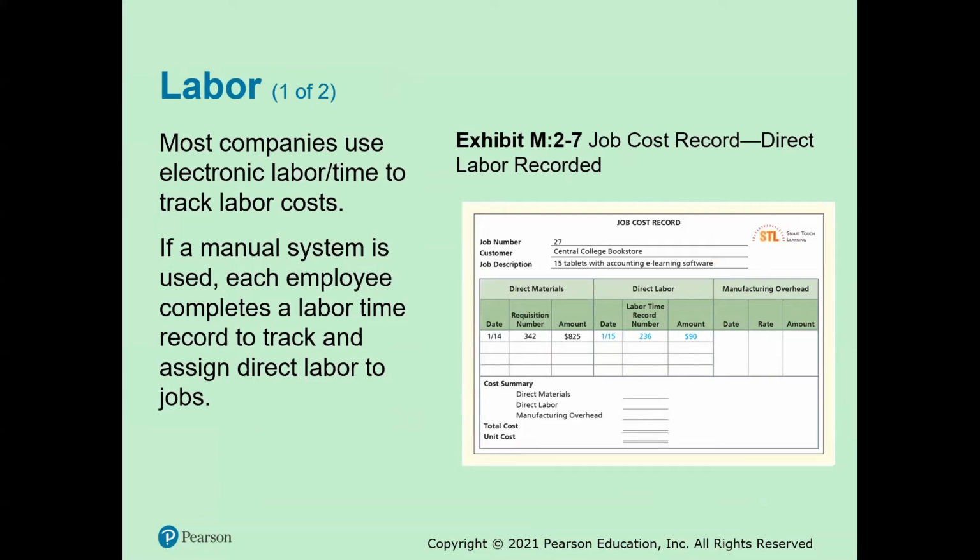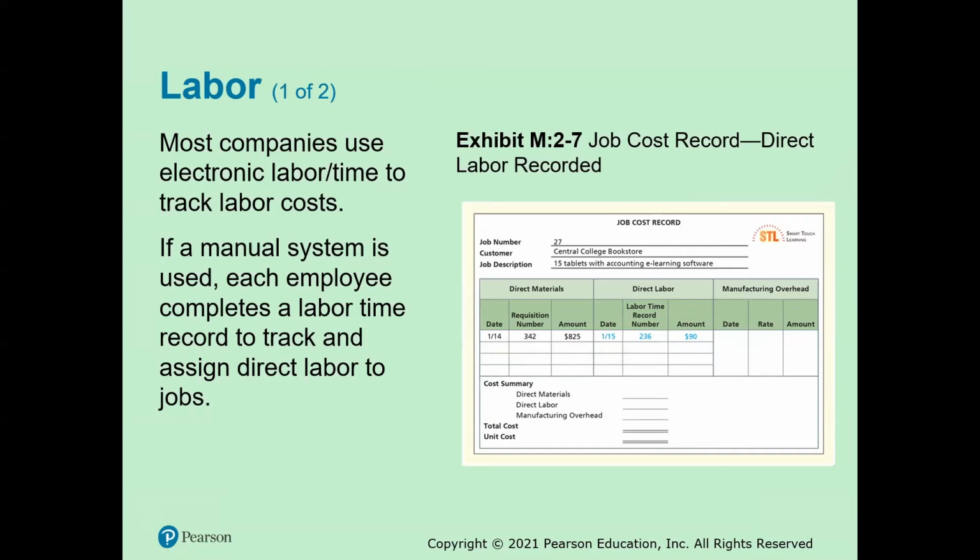Exhibit 2-7 that you see here shows the job cost record for job number 27. Direct labor costs are assigned to the job based on labor time records. Now, most companies use an electronic system to streamline the tracking of labor costs.